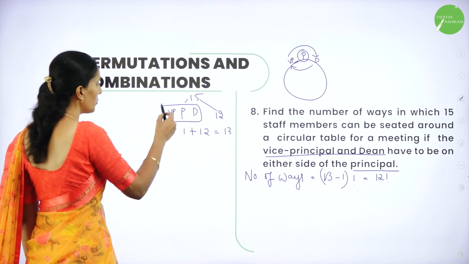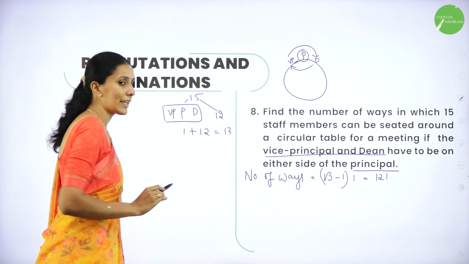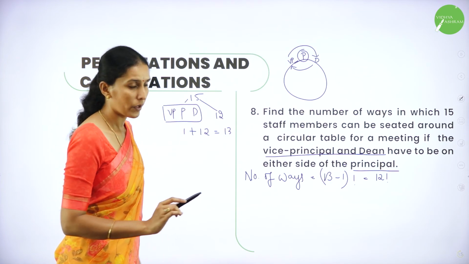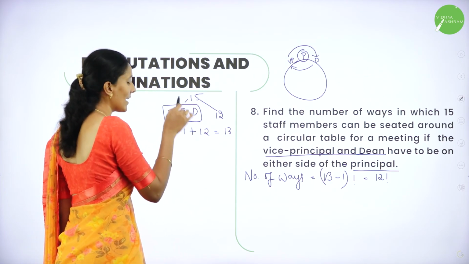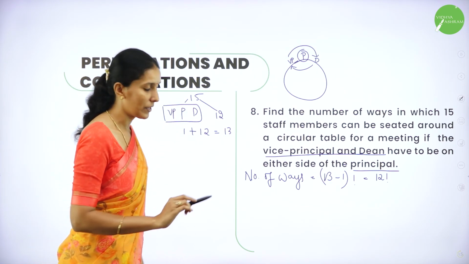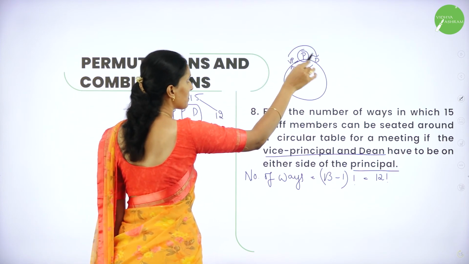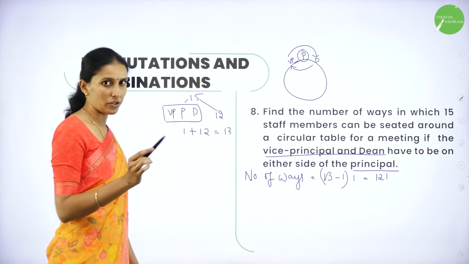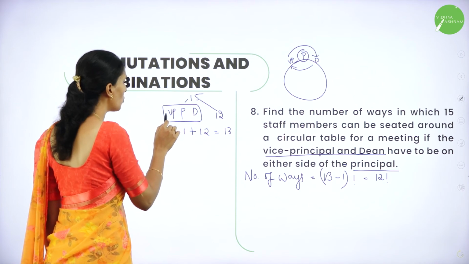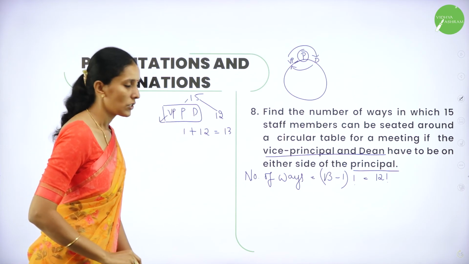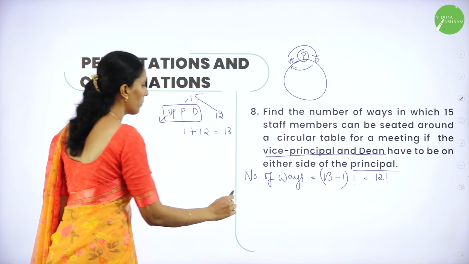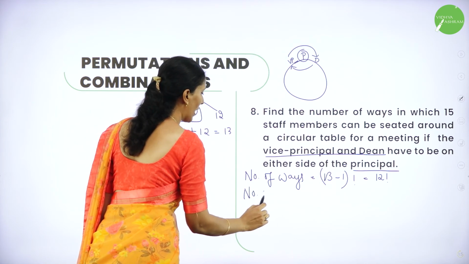But what about the unit inside here? The principal cannot change his place, because he has to be in between the vice principal and dean. Only the vice principal or dean can change their places. That means only 2 people can change here. So for this unit, the number of ways will be only 2 factorial.